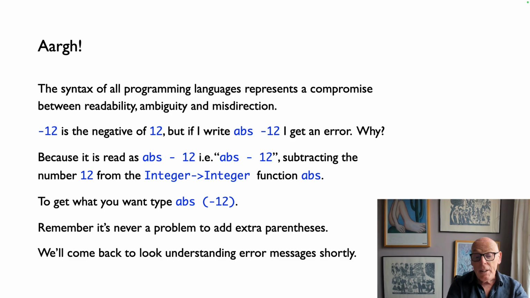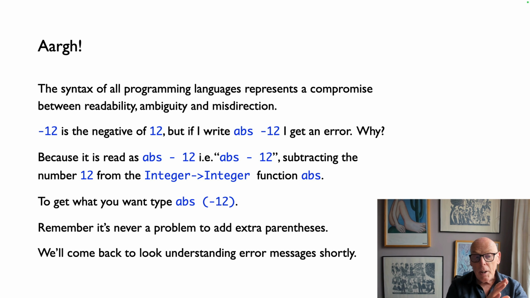So in order to get what we want, we need to put that -12 in parentheses. And there's a general piece of advice with this kind of problem. If you're not sure how the program is going to interpret what you want to write, putting in extra parentheses to show precisely what it is you want to do is not usually a problem.